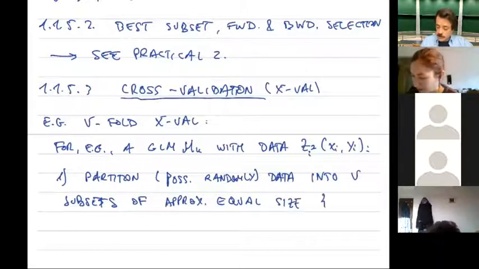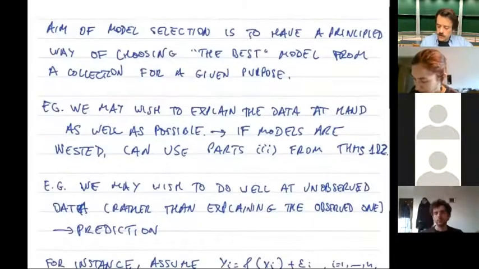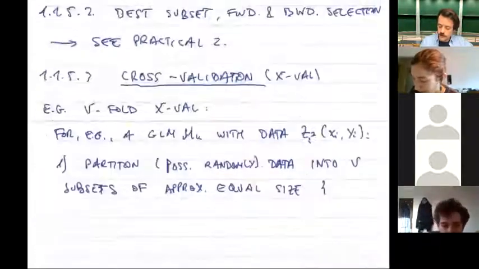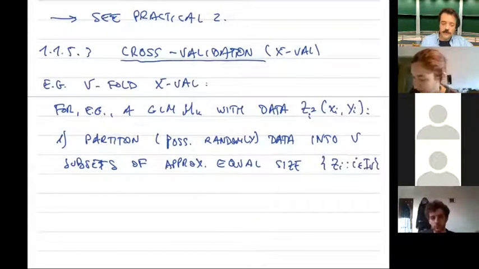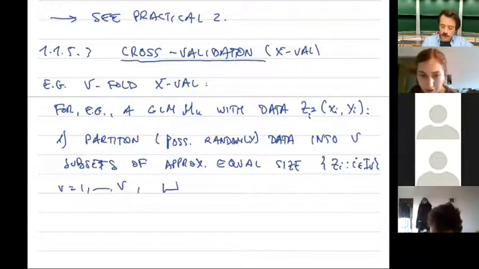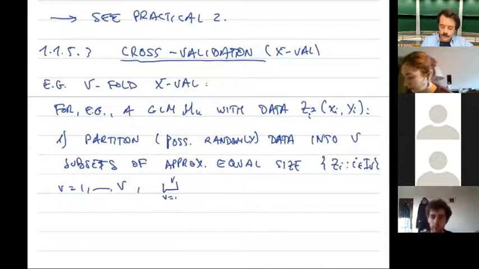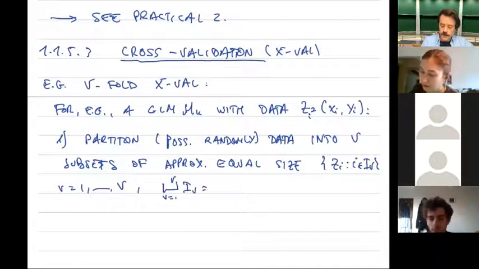I'm going to write these as (x_i, y_i); I could have written Z_i simply. So Z_i such that i is in some I_v, for v from 1 to capital V, where the disjoint union of these sets equals precisely all of the possible data points.